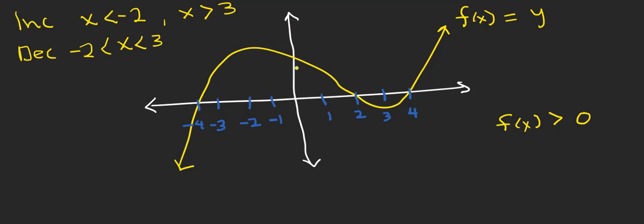The y value is greater than 0 whenever f of x, or y, is above the x-axis. So for which values of x is y above the x-axis? Well, look at this. y is above the x-axis from -4 to 2, isn't it?